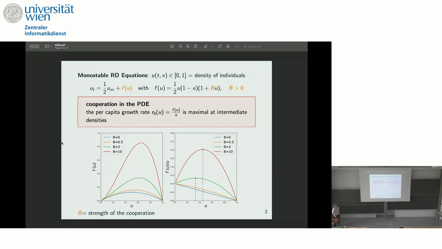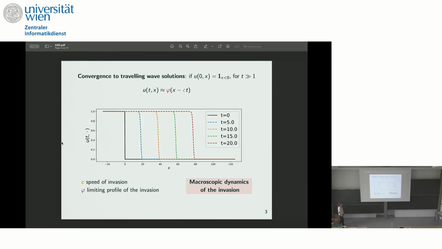The first question you can ask yourself is, what is the long-time behavior of this model? And a very important result for FKPP equations is the following.